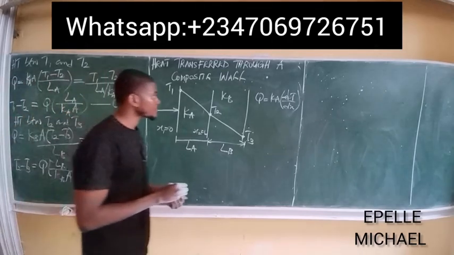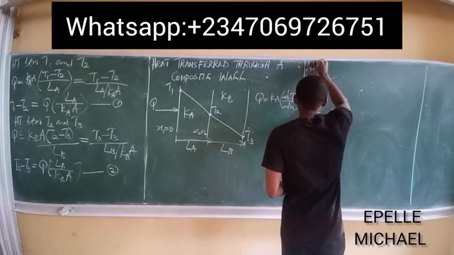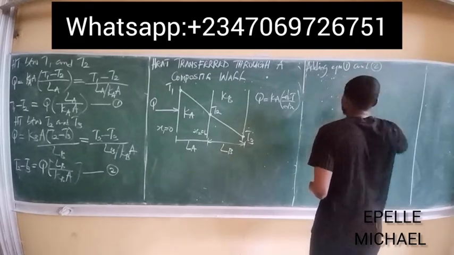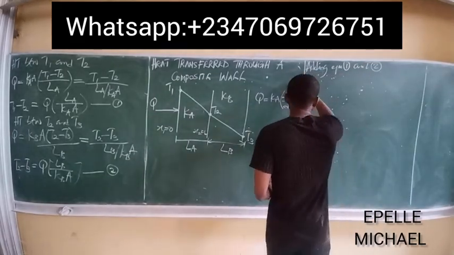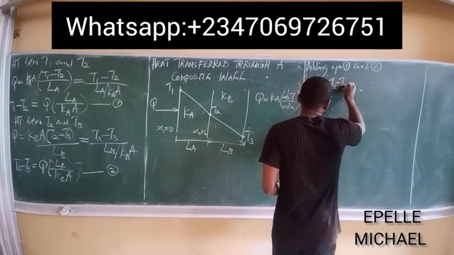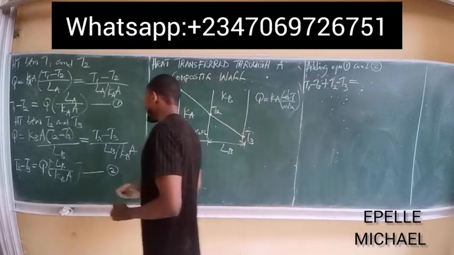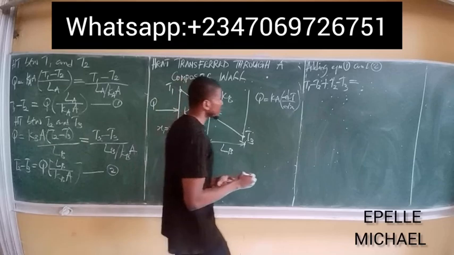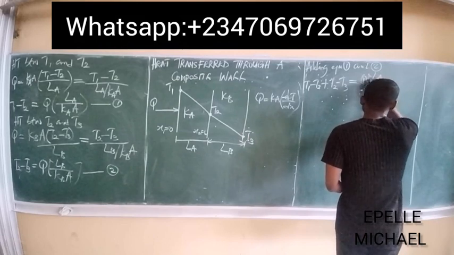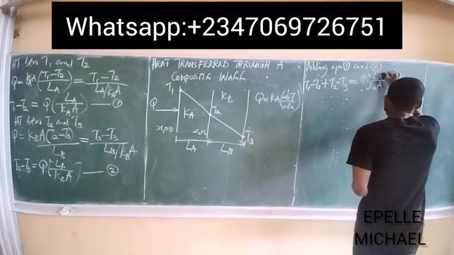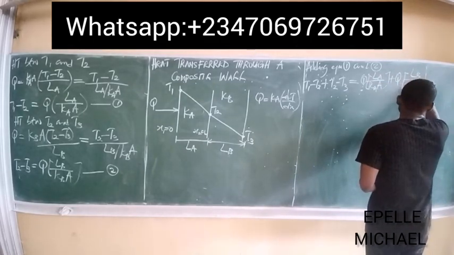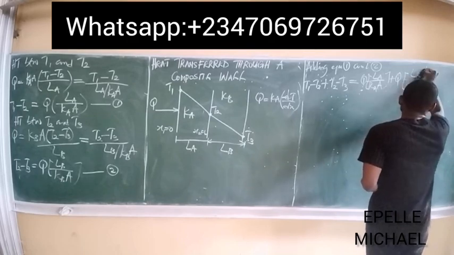Adding equation 1 and equation 2, we are simply going to have T1 minus T2 plus T2 minus T3, and that's simply equal to Q into LA all over KA times A, plus Q into LB all over KB times A.